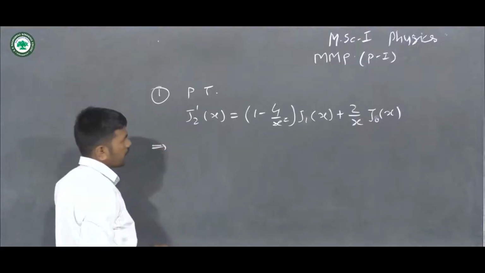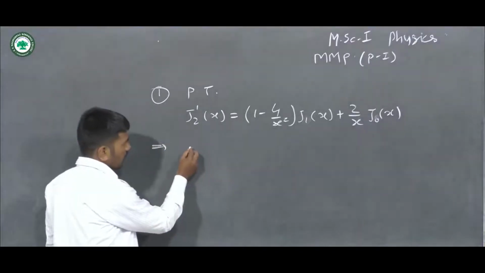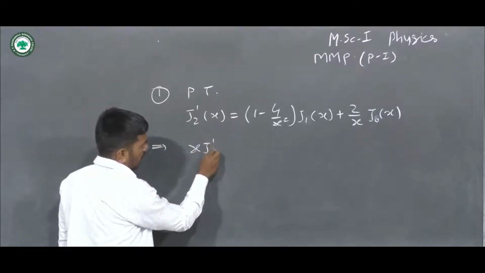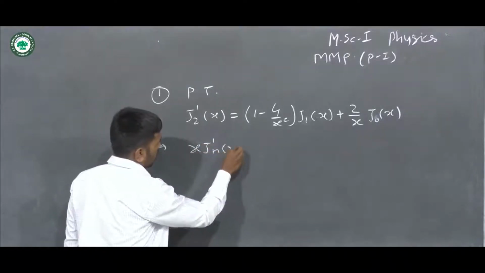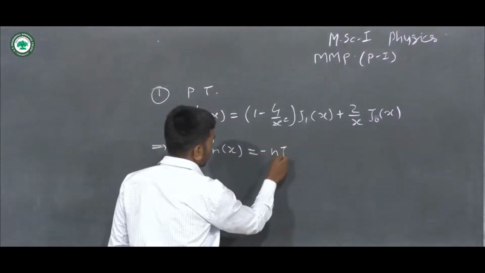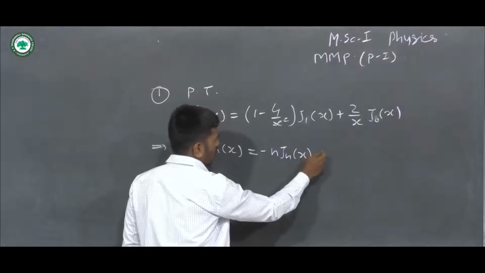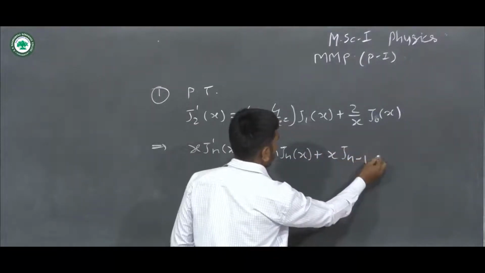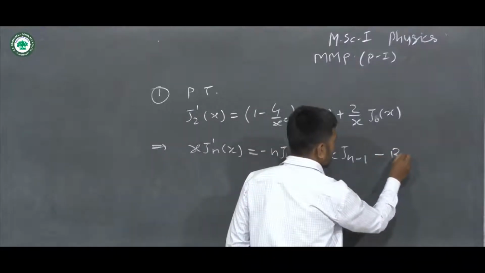Let's start. So we know the second recurrence formula, that is x into J prime n function of x is equal to minus n into Jn x plus x into Jn minus 1. Okay, this is the second recurrence formula.